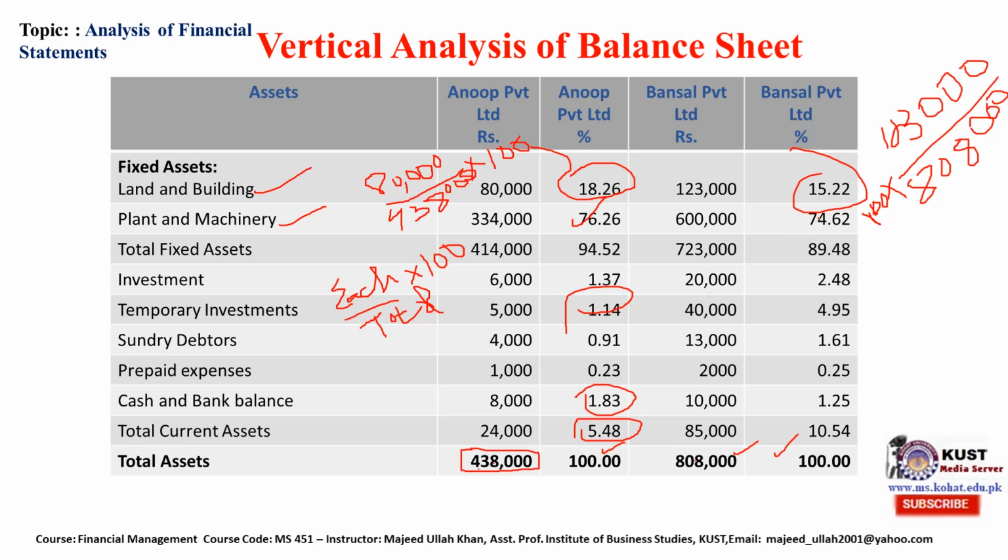This figure, 600,000 divided by 808,000 multiplied by 100, will provide you this amount. So each item is obtained individually. For example, 723,000 divided by this total multiplied by 100 will provide you this 89.48.